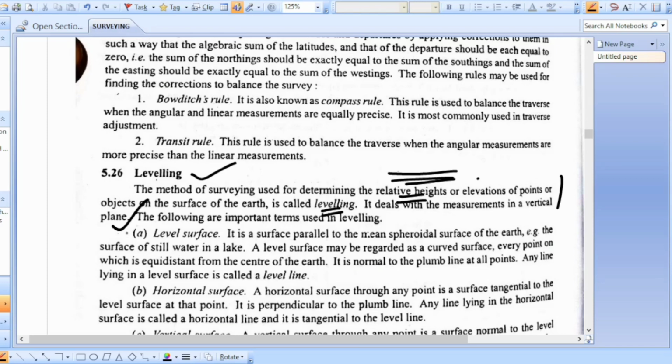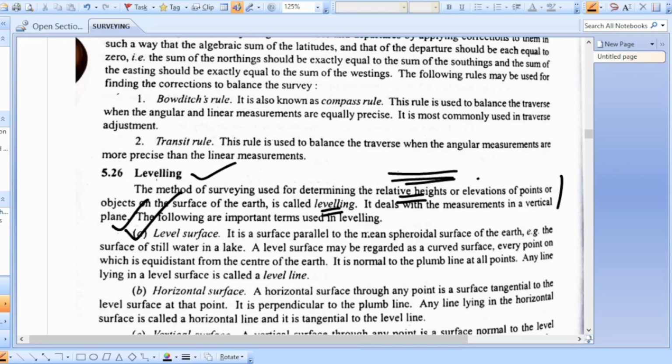Level surface. It is a surface parallel to the mean spheroidal surface of the earth, the surface of still water in a lake.